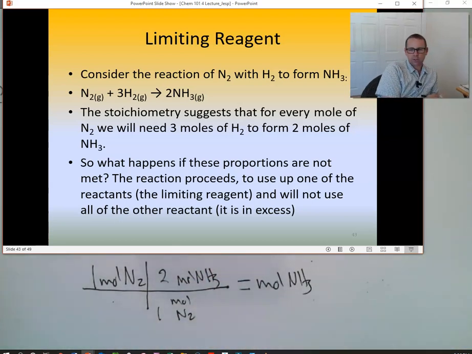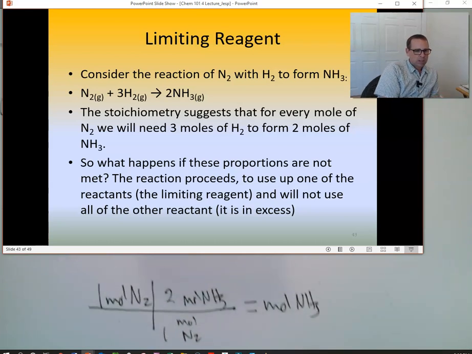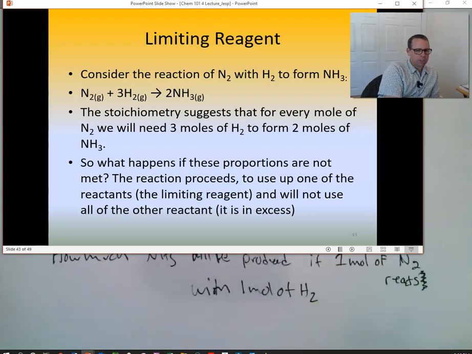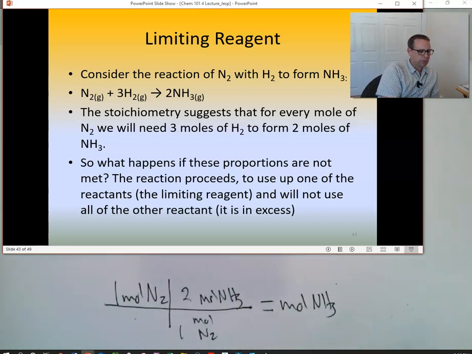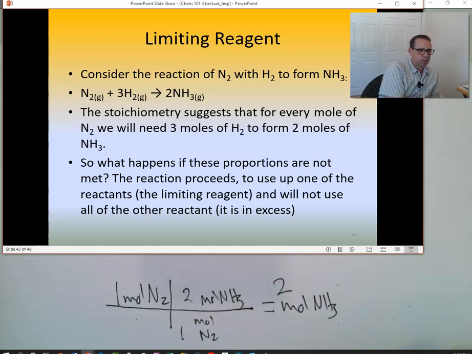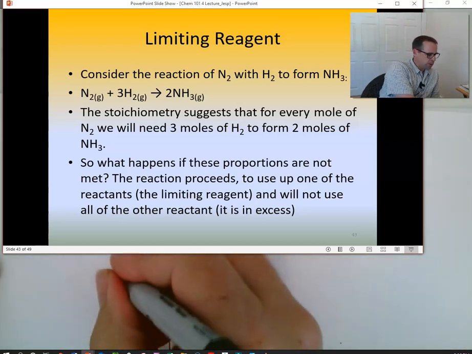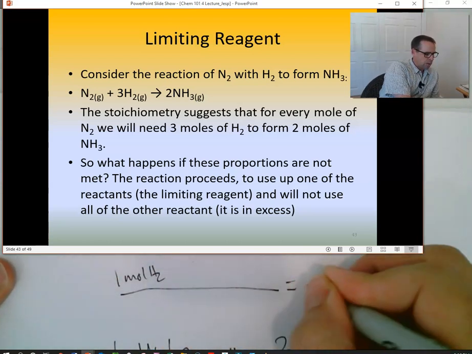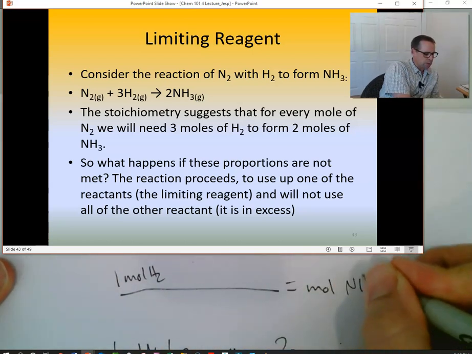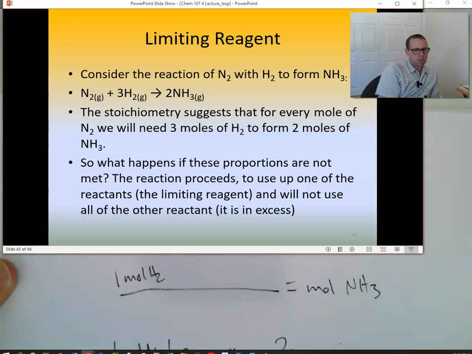That's basically how you answered that question, right? However, now if we're saying we're only going to get 1 mole of hydrogen, then the answer here is 2. If I get 1 mole of hydrogen, how many moles of ammonia, NH3, am I going to be able to get?